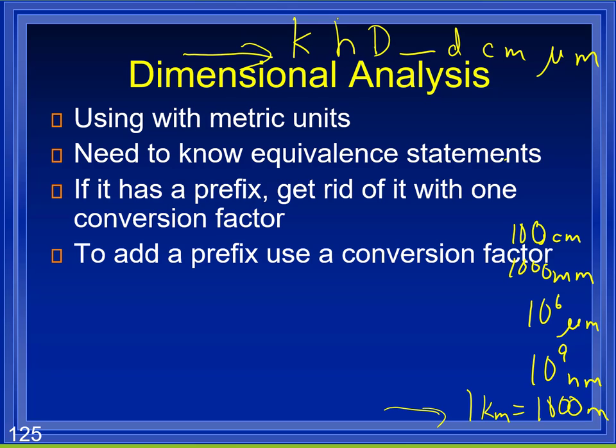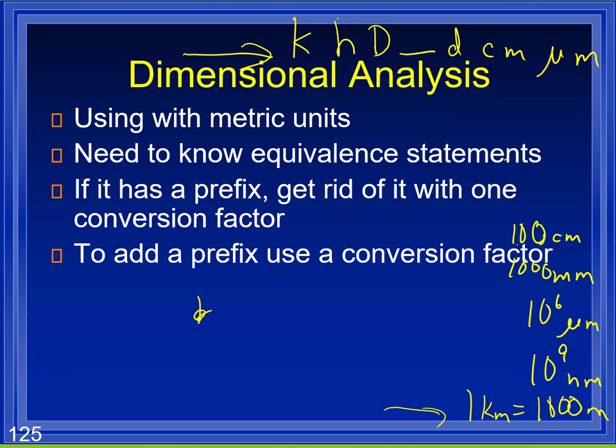So if you start with meters, you can turn it to centimeters with a conversion factor. Now, I know you don't need to do that because you've got the chart. You can go from meters to centimeters, got the chart. But that means you can check your homework tonight and see if you got the same answer both ways. In fact, I want you to check your answers both ways to make sure that you're doing it right.